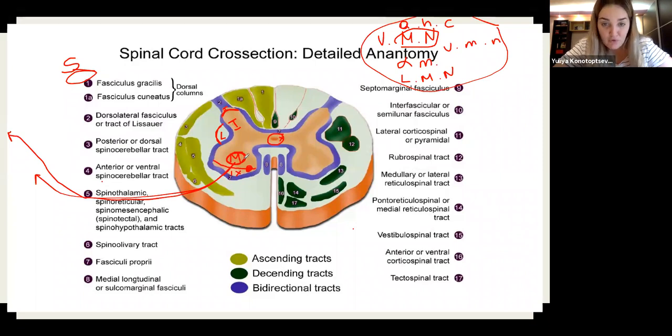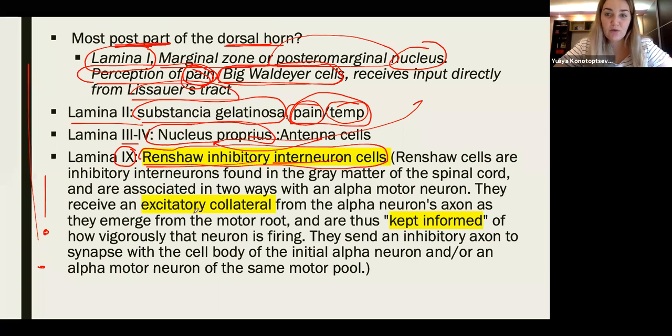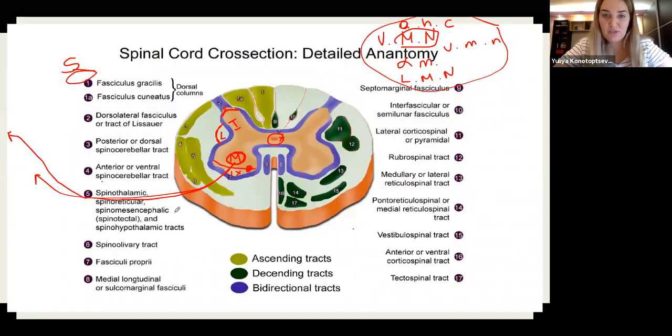But this motor neuron gives an additional axon. We call it excitatory collateral, okay? So it gives an additional axon, and this axon synapses with Renshaw inhibitory interneuron.